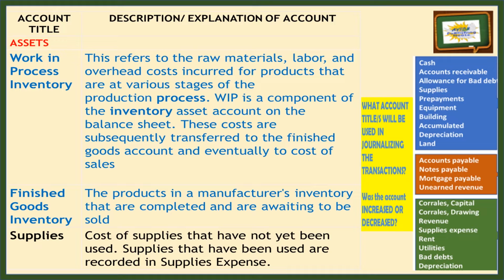The black ones pertain to service, merchandising, and manufacturing. The blue ones will only be available for manufacturing. The red ones are available only for merchandising. Now we go to supplies.